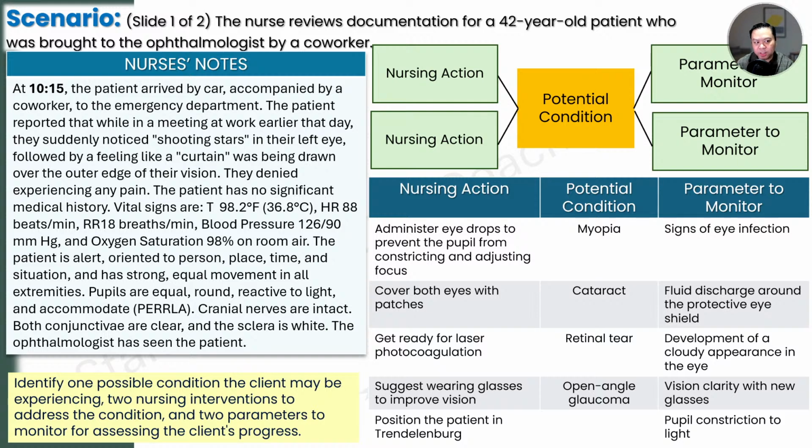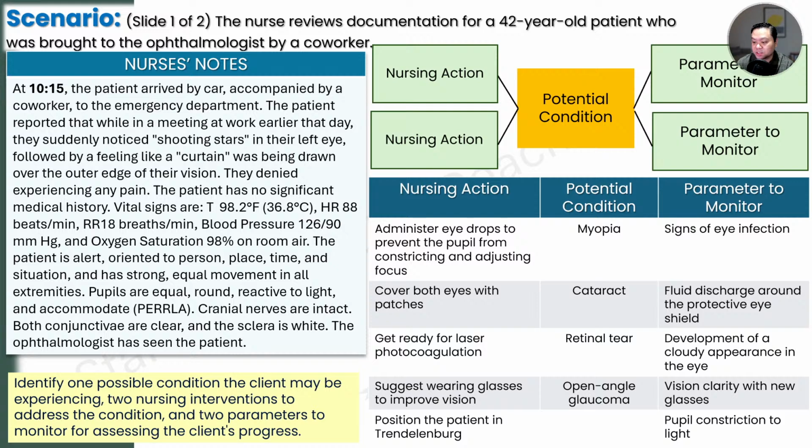Now, I really want you to look into the nurse's notes and capture those abnormal assessment findings. Your task this time is to identify the possible condition that the client may be experiencing, and also to select nursing interventions to address the condition.